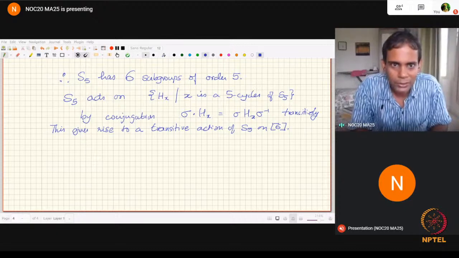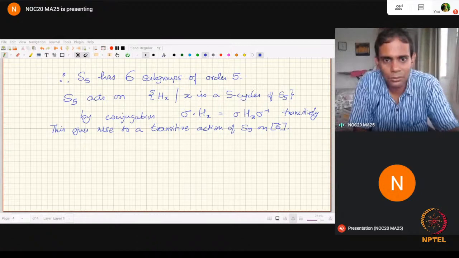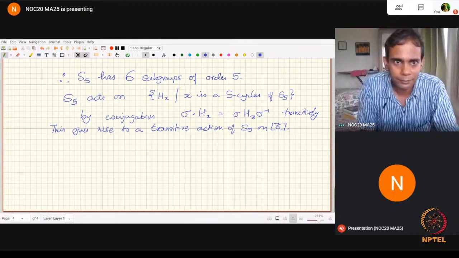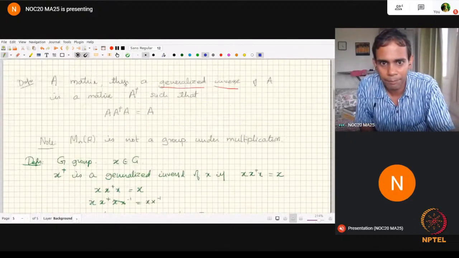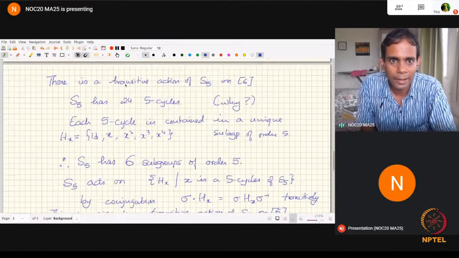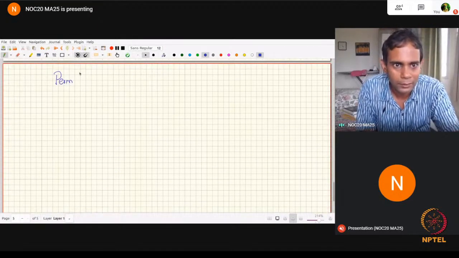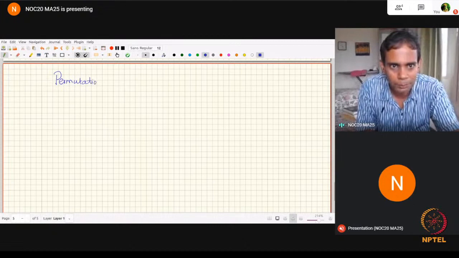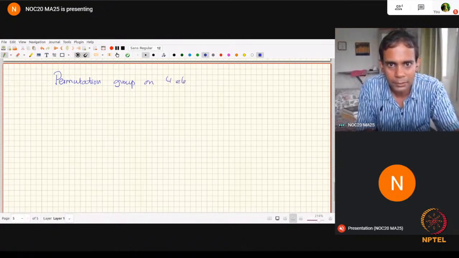How to construct a permutation group on 4 elements? This is going to be a group with 24 elements. What is the meaning of a permutation group on 4 elements?